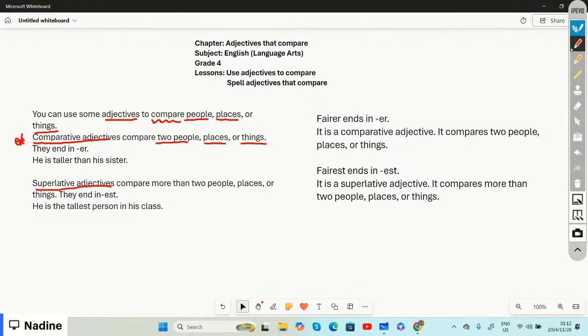When we have a comparative adjective, where we compare two people, places, or things, our comparative adjective ends in er. Remember, the adjective is the word that describes the noun.